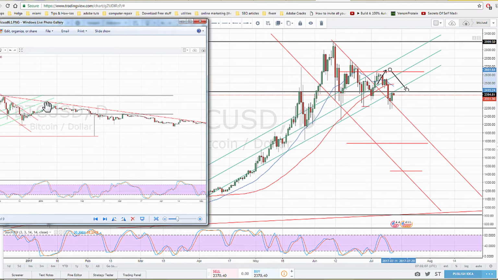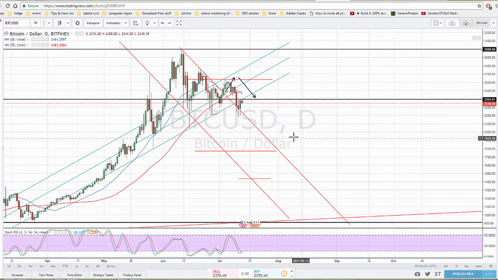After this top here, which I'm assuming is this top that we just had, we could draw a long downtrend line from this top, and it's been followed for the whole bear market. So I am going to do the same here.